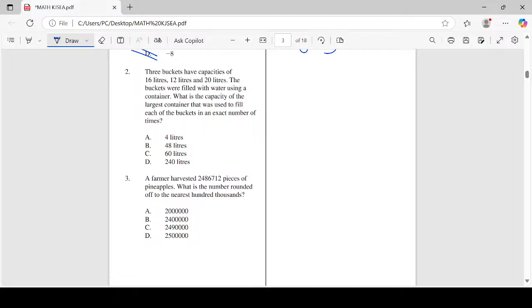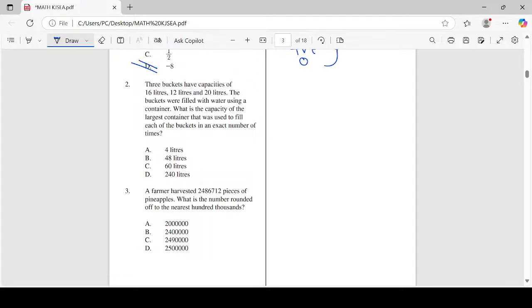Three buckets have capacities of 16 liters, 12 liters, and 20 liters. Using a container, what is the capacity of the largest container used to fill each of these buckets?